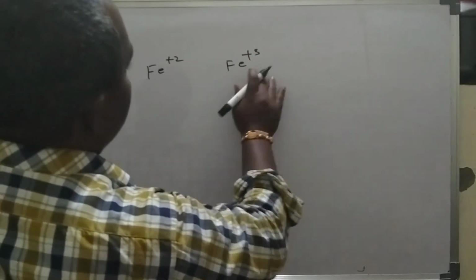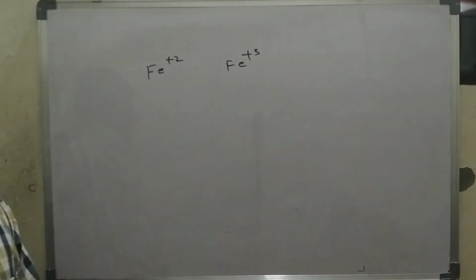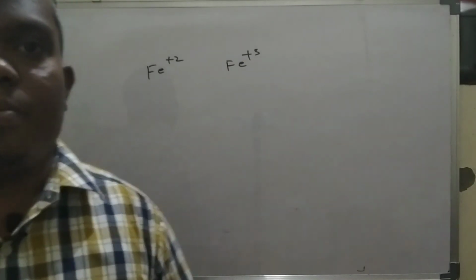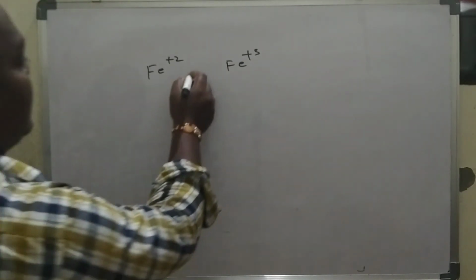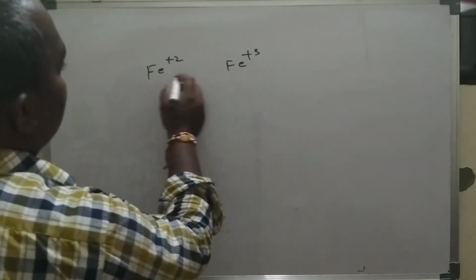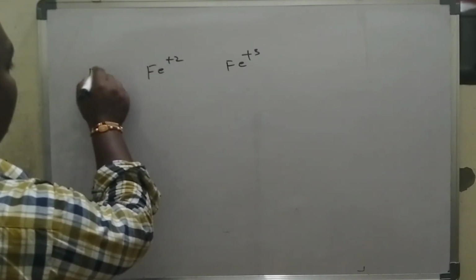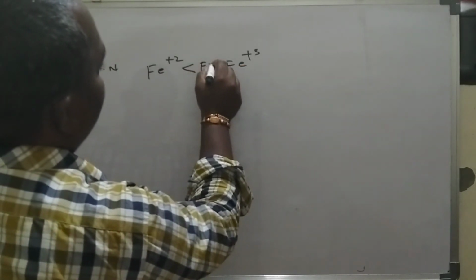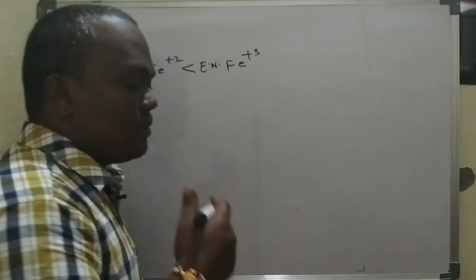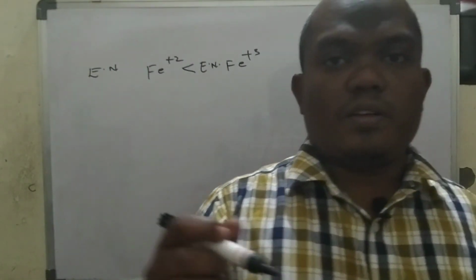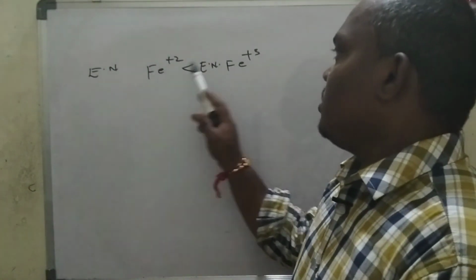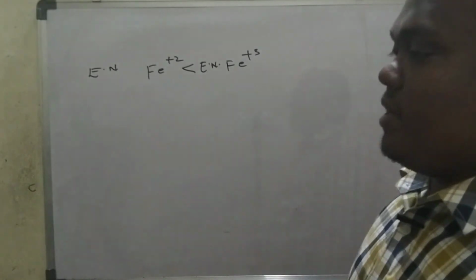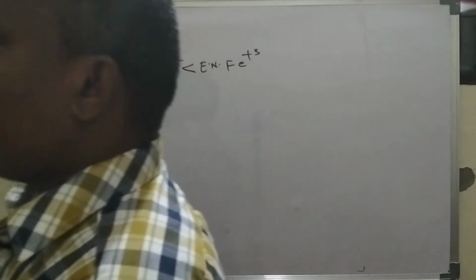As the charge increases, the electronegativity also increases. The electronegativity of Fe+2 is less than the electronegativity of Fe+3. So as the charge on the ion increases, electronegativity also increases.